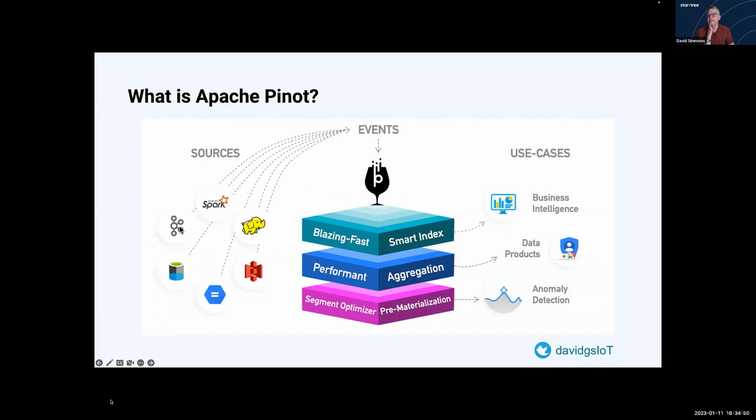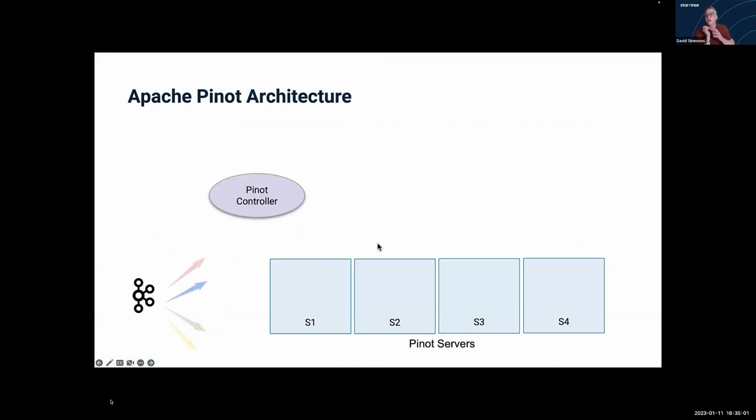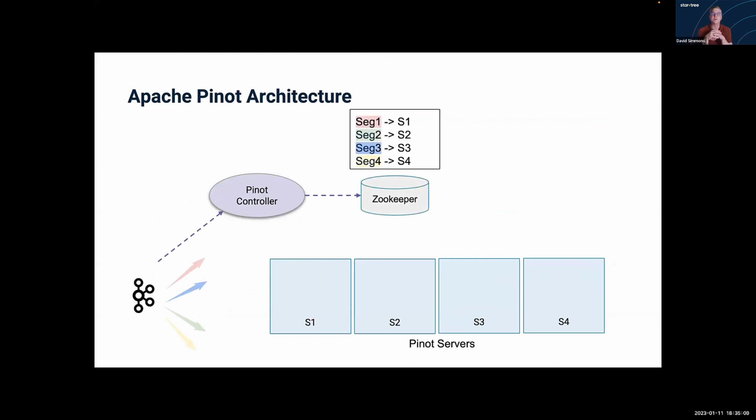We're pulling all of our data from Kafka right now, and then we've got these front ends that we've built onto it. But what's really going on is we have a cluster of Pinot servers and we have a Pinot controller. And the Pinot controller using Zookeeper is going to segment that data and distribute it across that cluster.